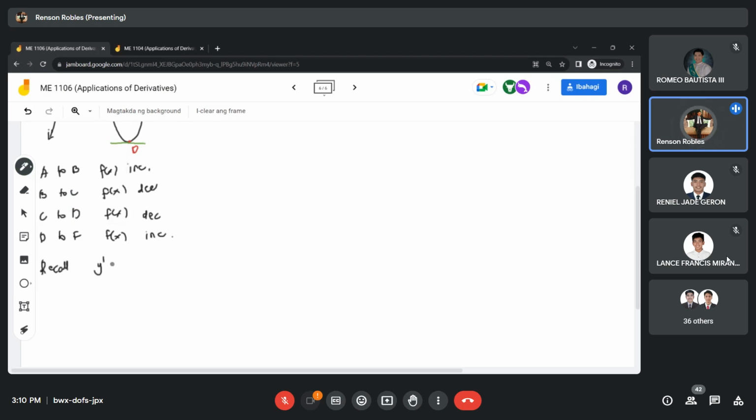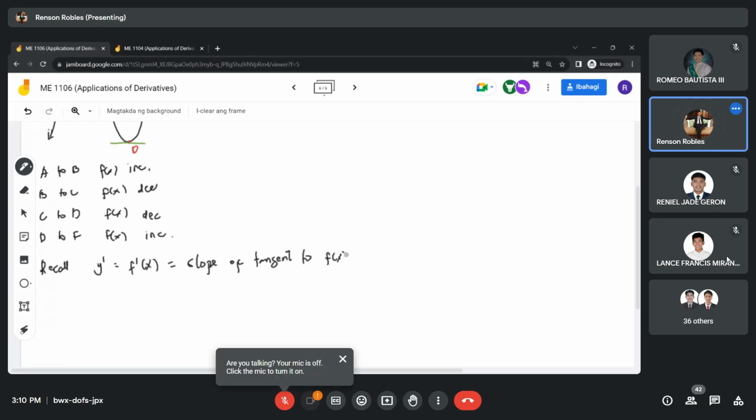So y prime equals f prime of x, and this gives you the slope of a line tangent to the given curve. So again, when you see the word slope, you associate it with the first derivative.